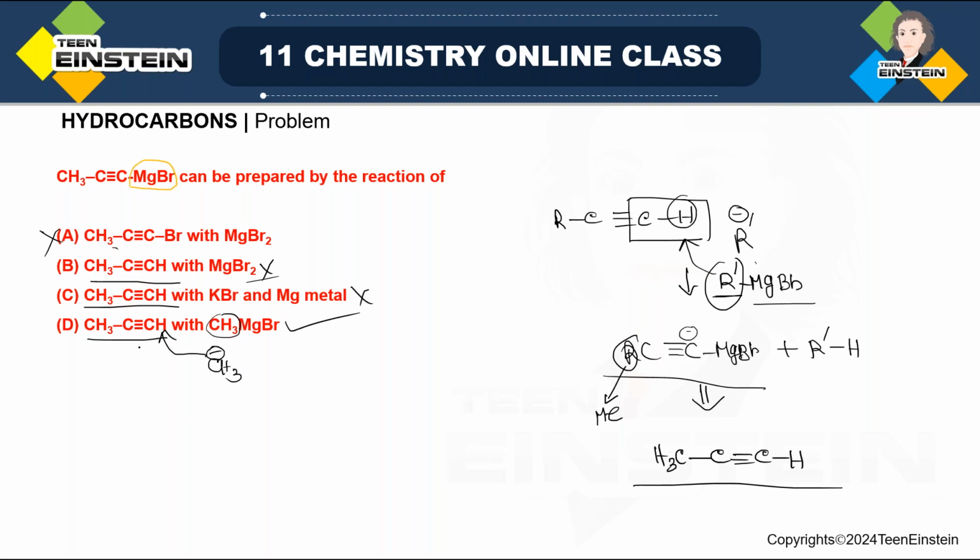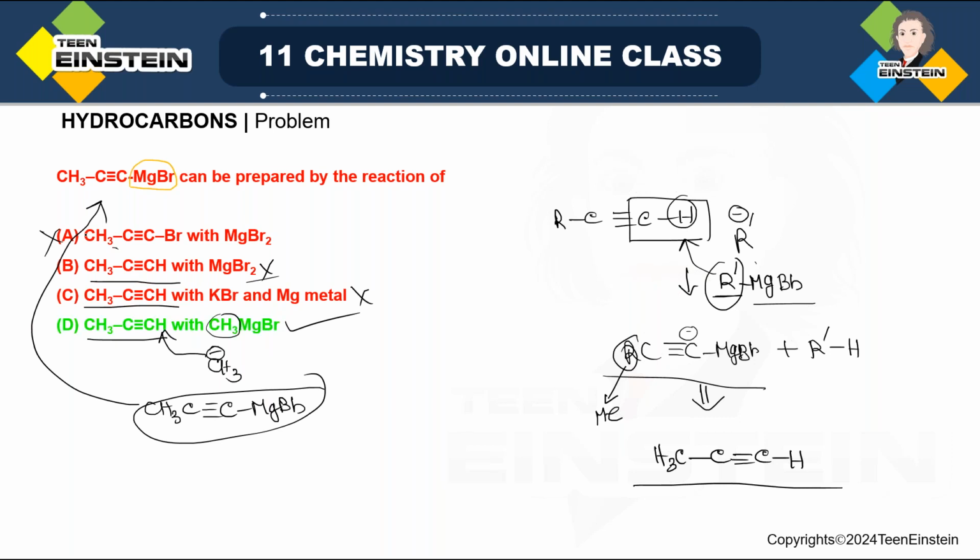So this will take this H and here you will get CH3C triple bond CMgBr. Okay, and that is given in the question. So this should be our correct answer, the last one.